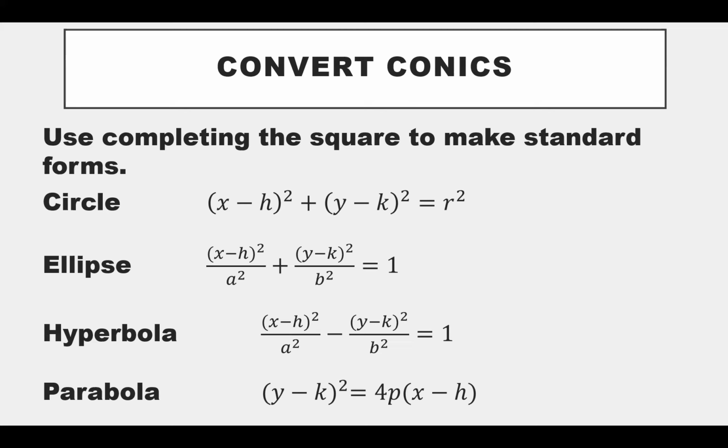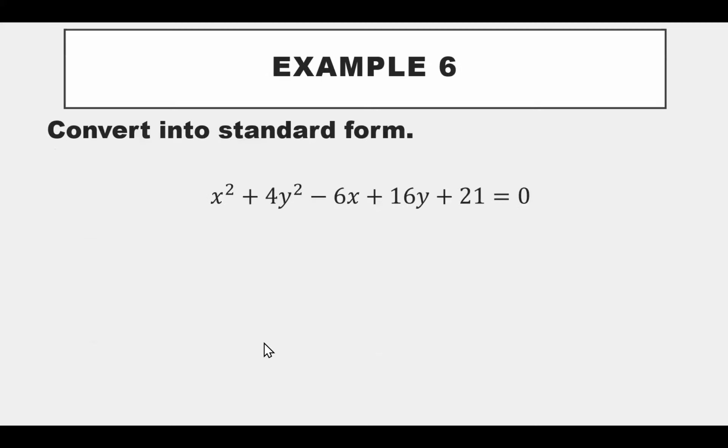Now, there's a couple of ways to do that. We can use basic algebra in some cases. But in most of the cases we just got done identifying, we'd have to use completing the square to force the standard form. So let's do an example.